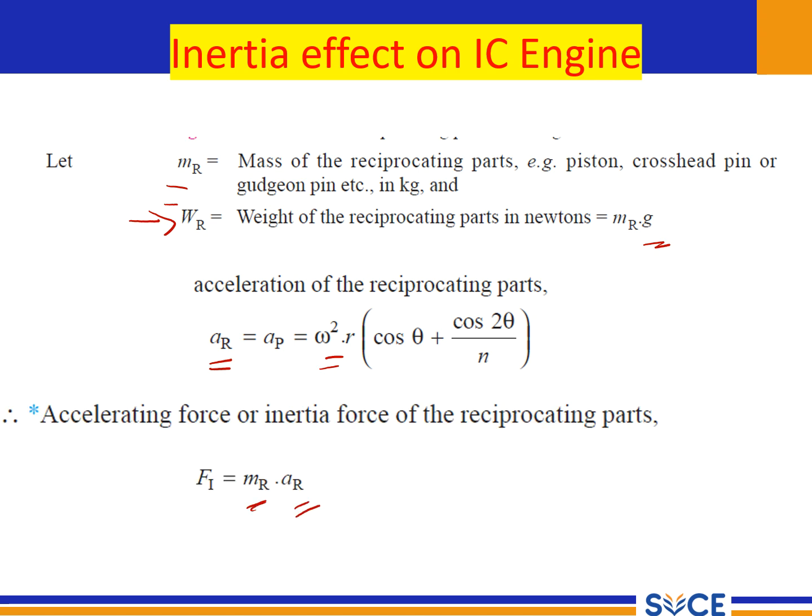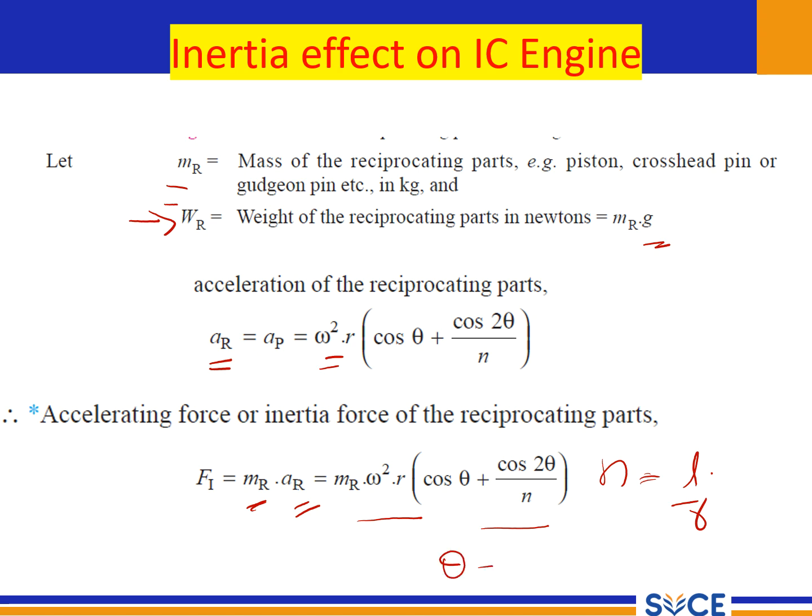The full formula for the inertia force is m omega square r into cos theta plus cos 2 theta by n, where n equals L by R. L is the length of the connecting rod, R is the crank radius, and theta is the crank angle of rotation.